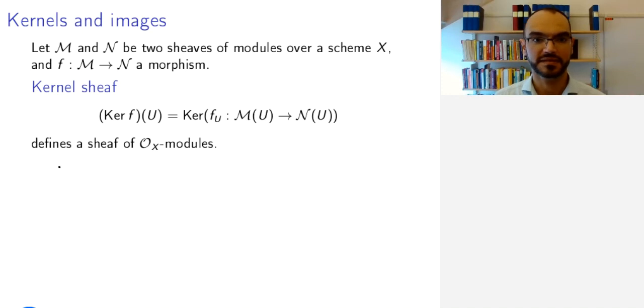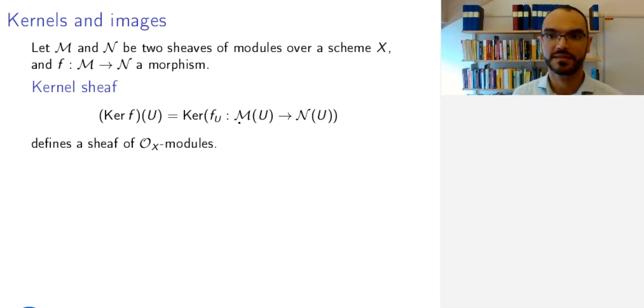And it turns out that this is a sheaf of O_X modules. It is clear from module theory that the kernel of each F_U is a module. And because F is compatible with restrictions, this will be a pre-sheaf of modules.